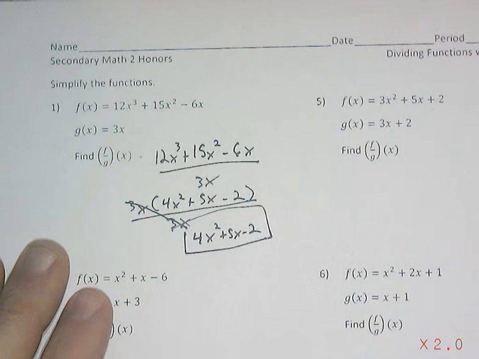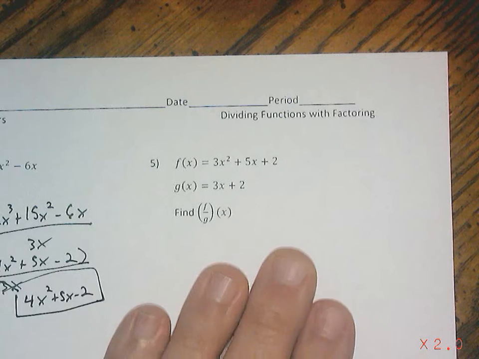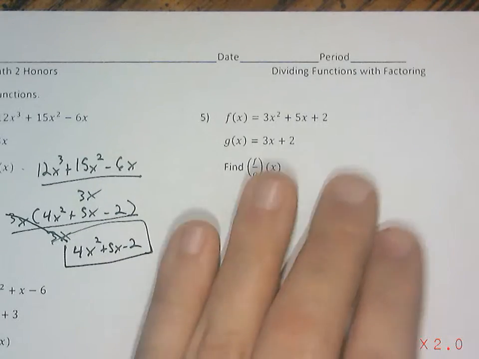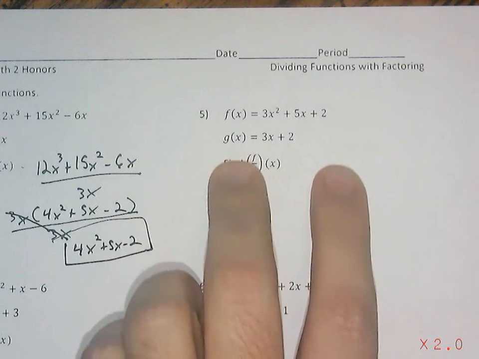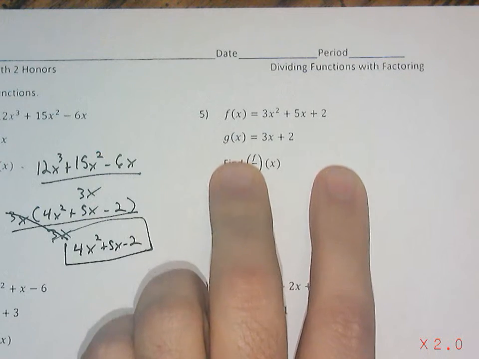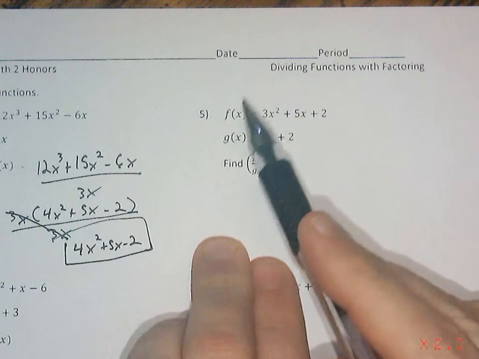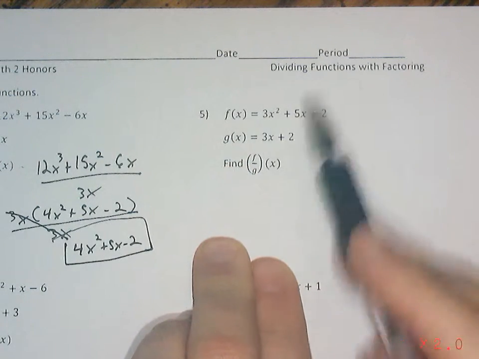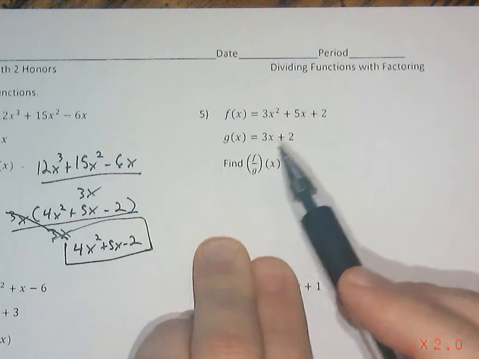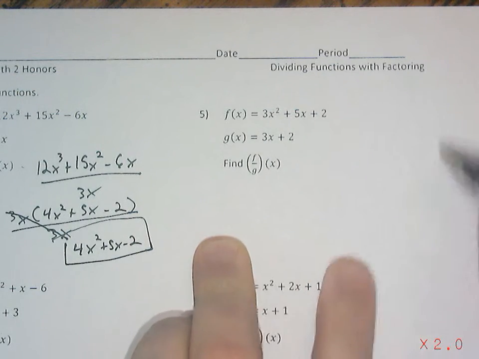Let's look at another example. This one looks like I have a quadratic up here, and then it wants me to divide it by this.